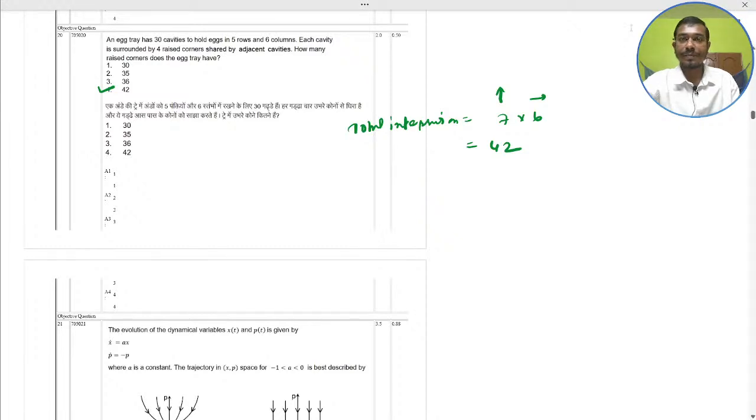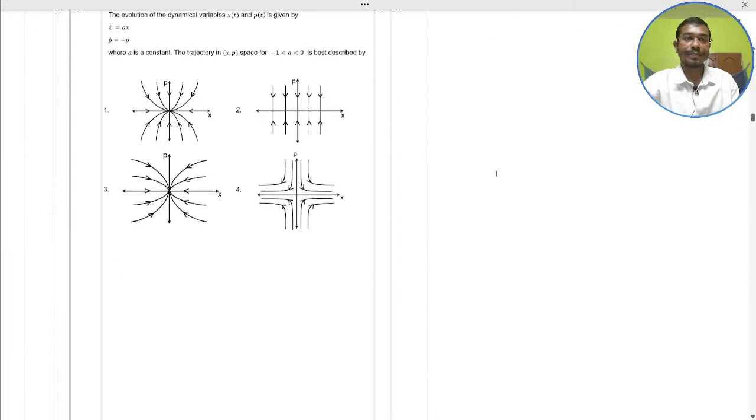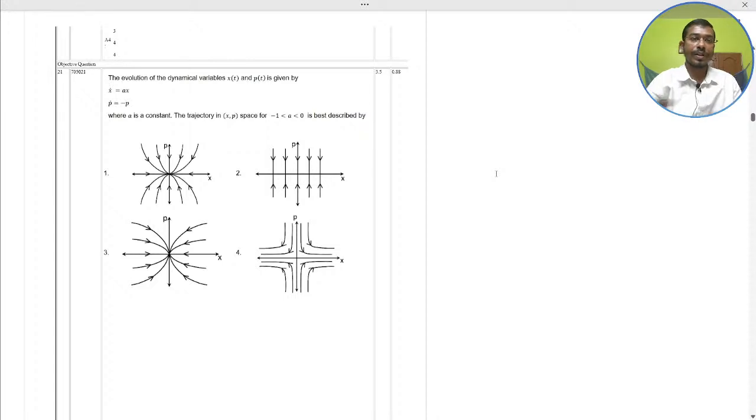for your subject physics, question number 21. This is part B, carrying 3.5 marks each. The evolution of the dynamical variables x(t) and p(t) is given by x dot equal to alpha x and p dot equal to minus p, where alpha is a constant.